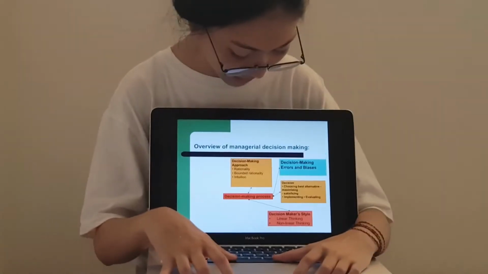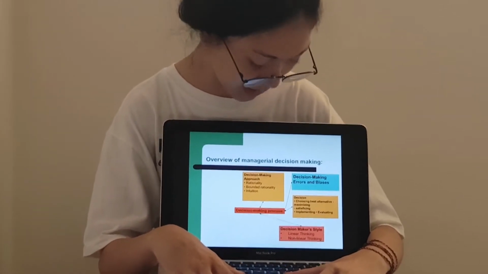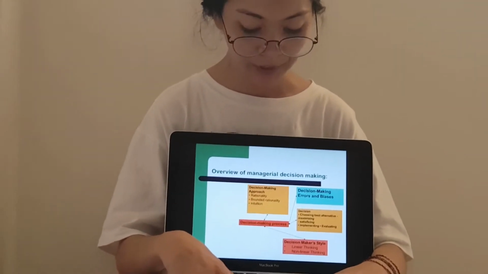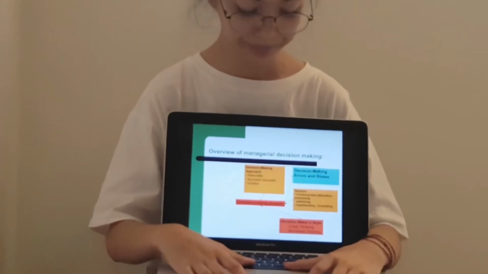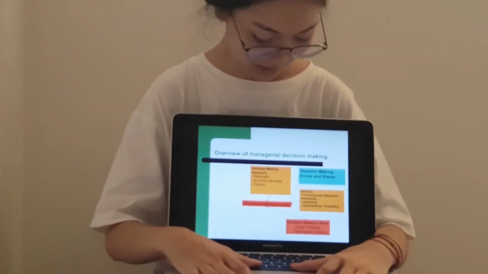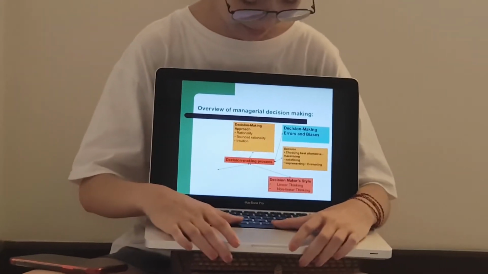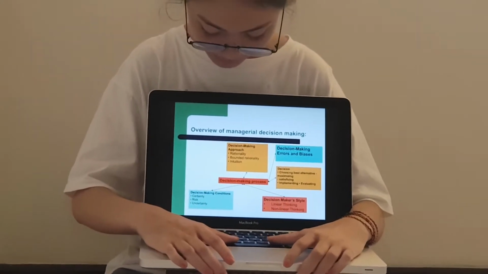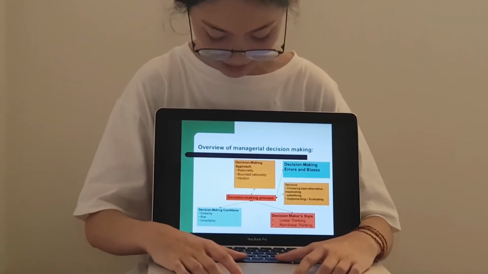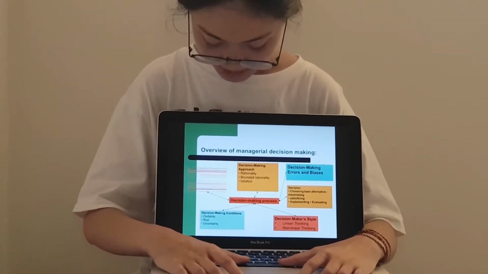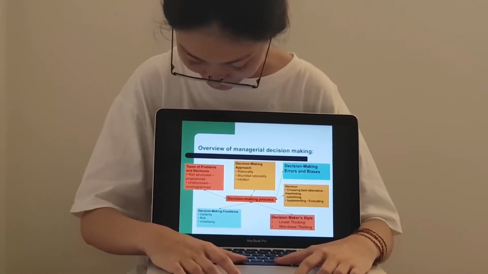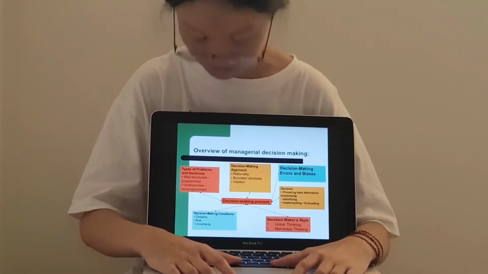Step number 4 is decision maker style, which lets us know how they make decisions. The next one is decision making conditions. The last step is types of problems and decisions.